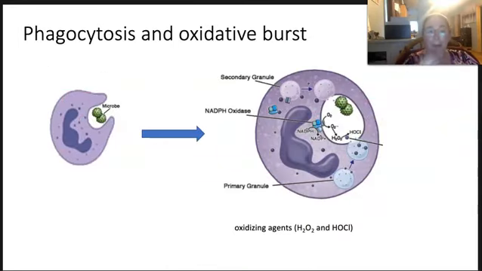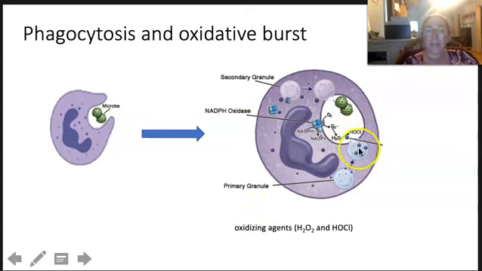So a little bit about phagocytosis. It does mean cell eating, and white blood cells can eat other cells, and then in that phagolysosome they can kill the microbes by a combination of lysosomal enzymes.